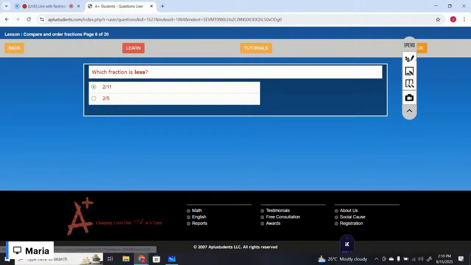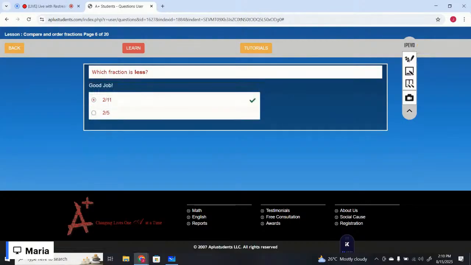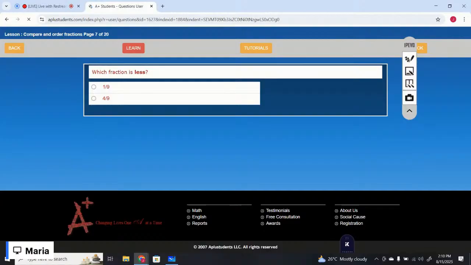Option number 1 is the correct option. Which fraction is less? 1 by 9 is less than 4 by 9.